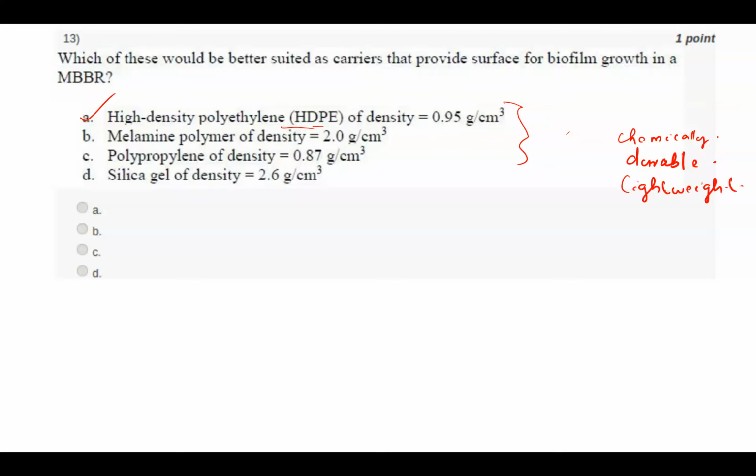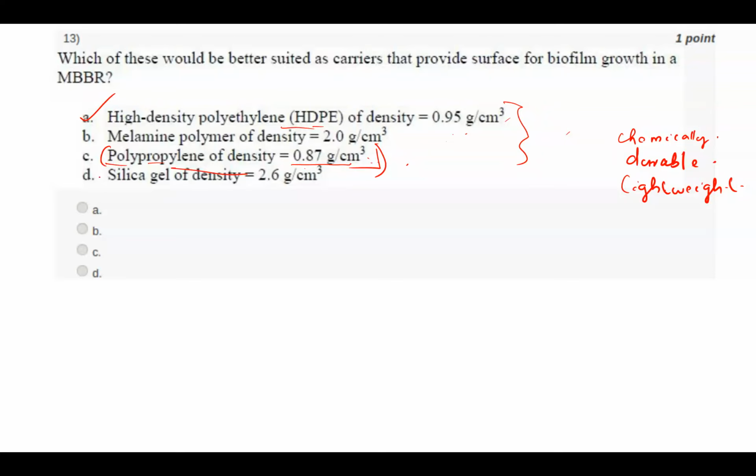But I have a doubt about polypropylene, this one also, because its density is 8.87. Yes, but I have a doubt; the answer they have given is this one. Even I have a doubt that they haven't chosen this one in place of this, because compared to all these density values, this is the lowest density. But okay, I will refer.